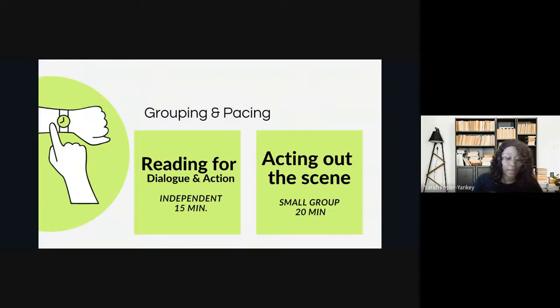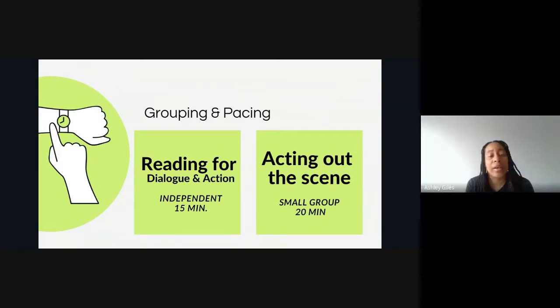Then she calls on another student to see what they underlined as the last action, and again repeats that poll, agree or disagree. That's a good opportunity to clarify any misconceptions about dialogue and action before they go to the next part, because that's going to be really important for them to be able to act out that scene. Right, so that's great for seeing, did they get it? Because that's going to prepare them for part two, which is acting out the scene.